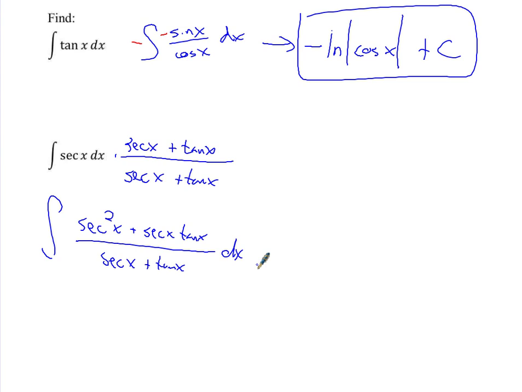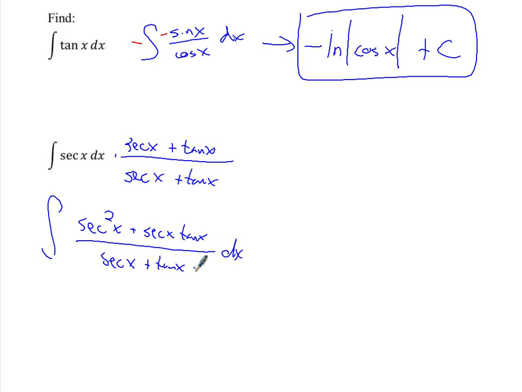The derivative of the stuff on the bottom, we need to have it on the top. Let's remember what the derivative of secant is. This sounds like a job for the inside cover of your textbook. The derivative of secant is secant tangent.